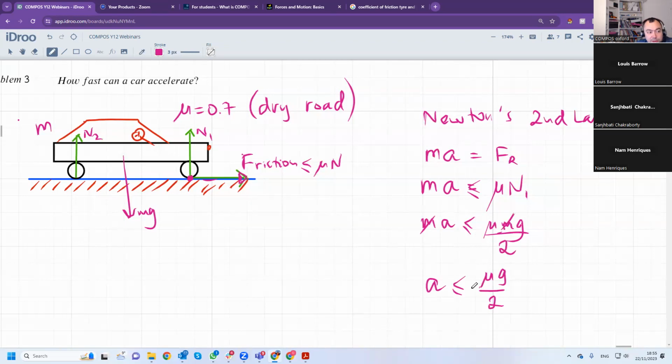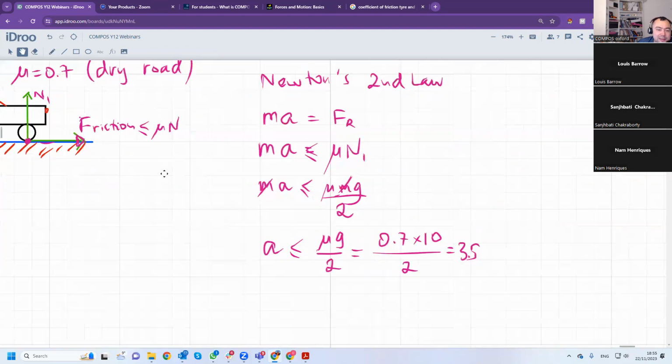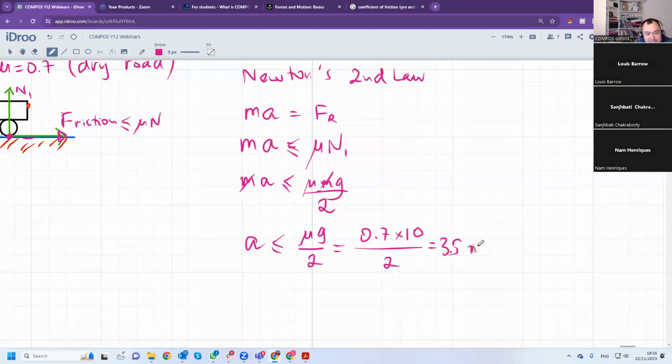As you can see, it does not depend on the mass of the car, and there's no power of the motor here. So mu is 0.7 times g, which is 10 for simplicity, over 2, which is 3.5 meters per second squared.